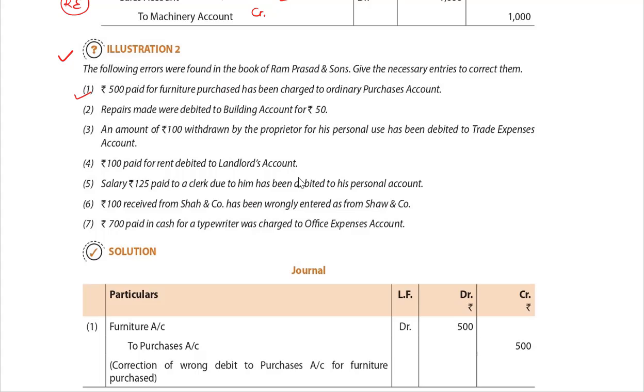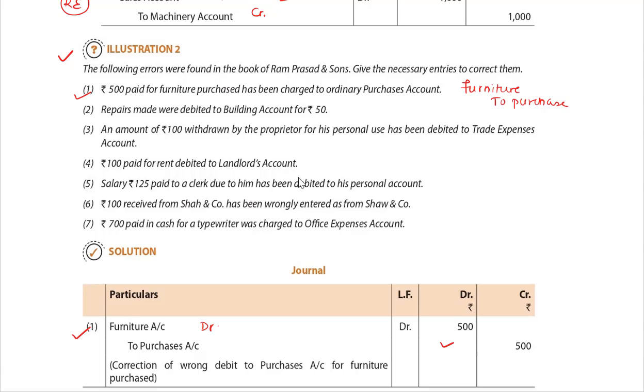You should understand, my dear students, that we had purchased furniture, so furniture needs to be debited. But by mistake we have debited purchases, so purchases needs to be credited. The correct entry would be furniture account debited to purchases account 500. I think it should be clear.